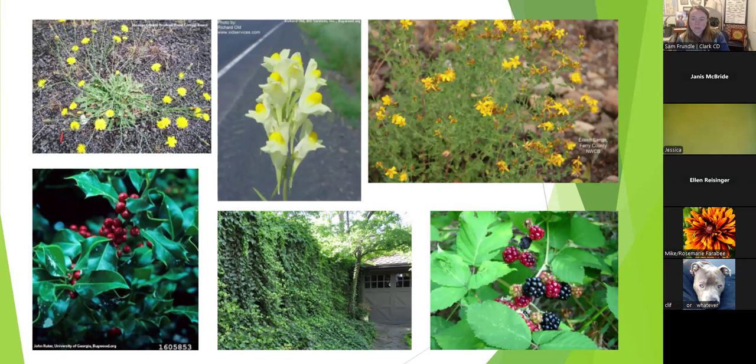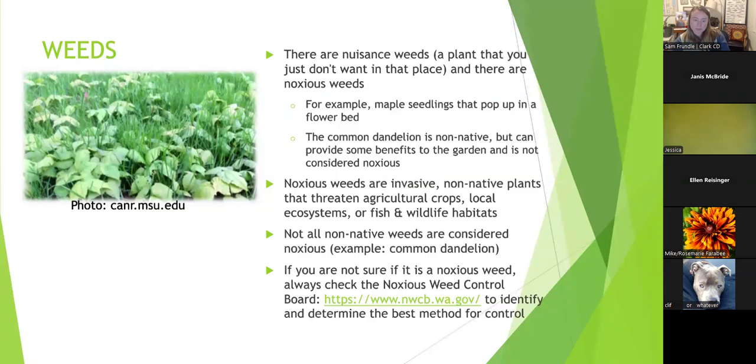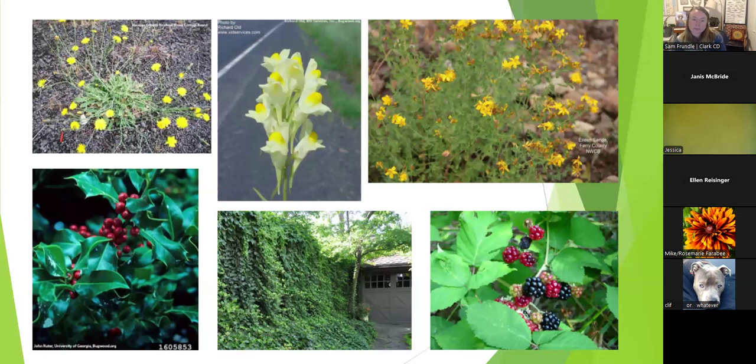Below that is the English ivy, and then we've got blackberry, of course, down in the corner, and up at the top, why am I forgetting the name of that? It's a common weed. Tansy ragwort.